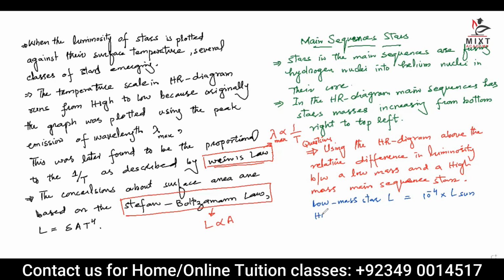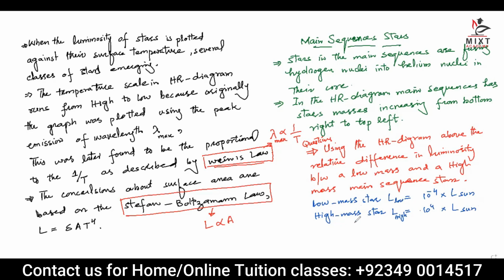And the high massive star luminosity will be equal to, so this is low and this is high, 10 raised to power 4 into luminosity of the sun.